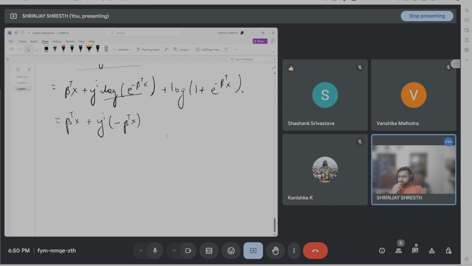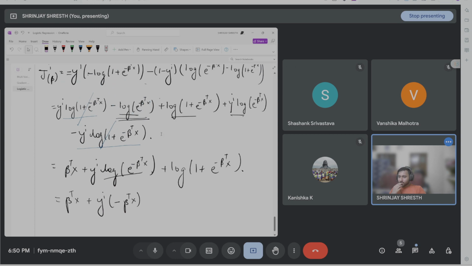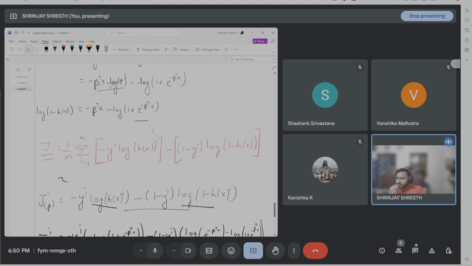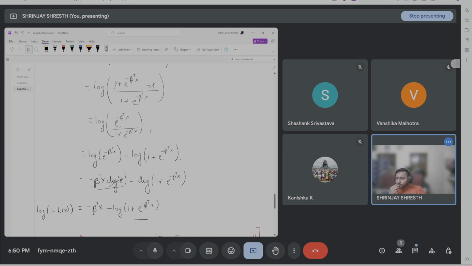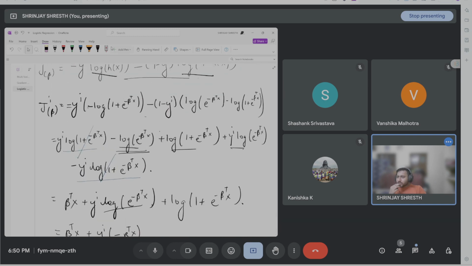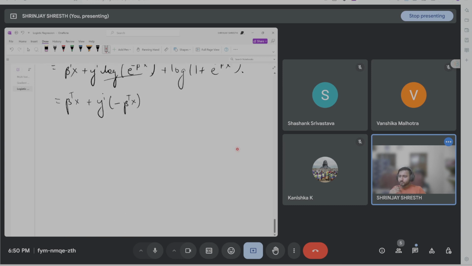Okay. हाँ. Just a second. कुछ गलती नहीं किया ना मैं? And this is as usual log of 1 plus e raised to the power minus beta transpose x.